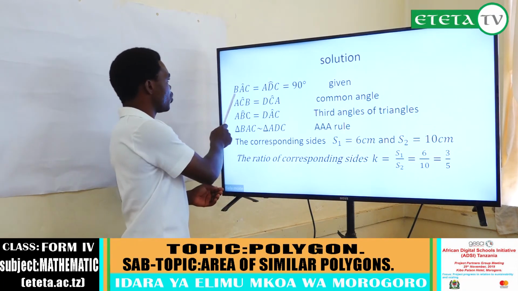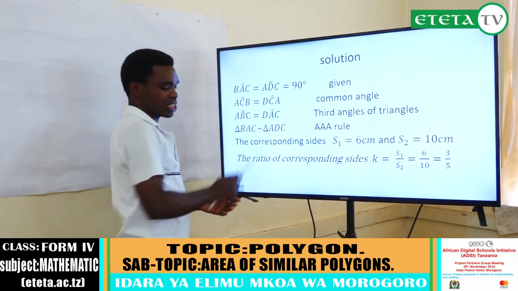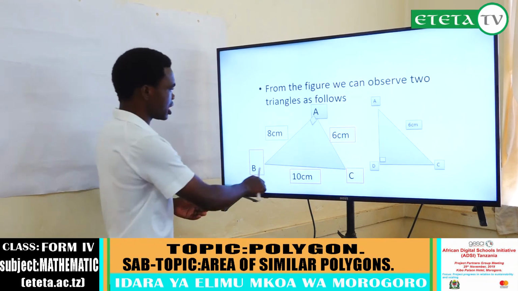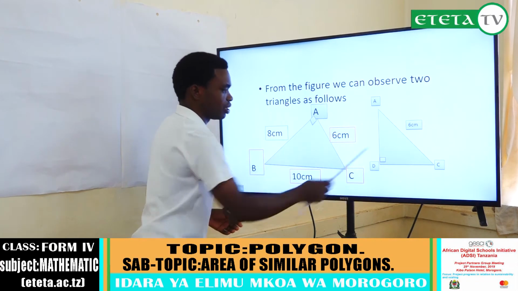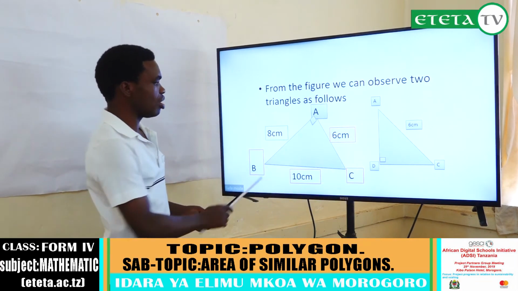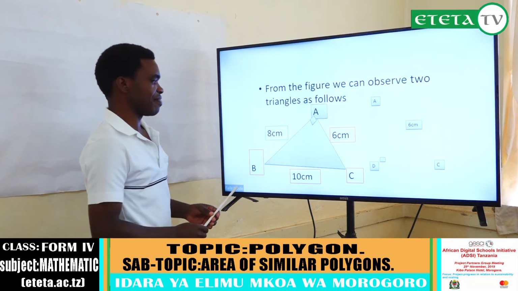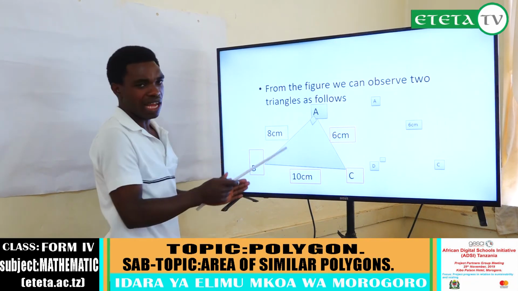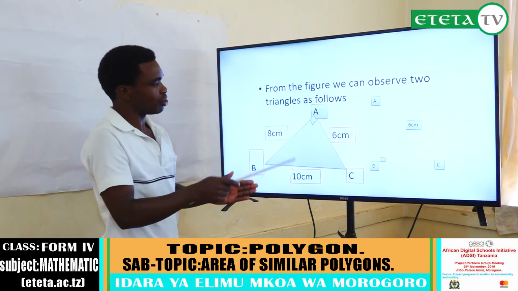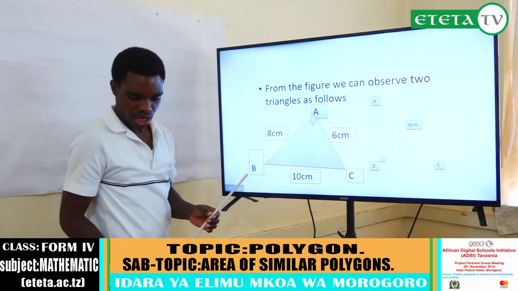First, as I said, we have BAC and ADC. This angle and this one are equal. Why are they equal? They are both 90 degrees. And of course, from the figure, we've been told that they are right angles.